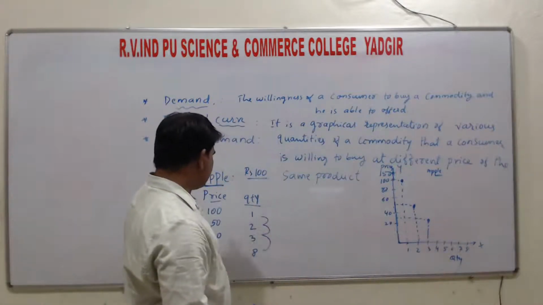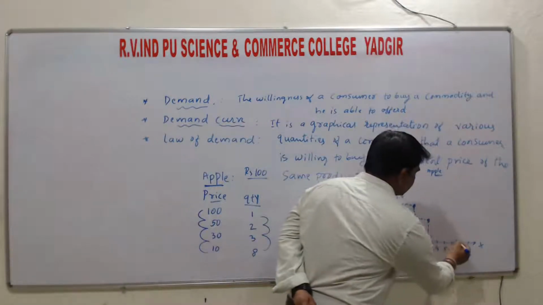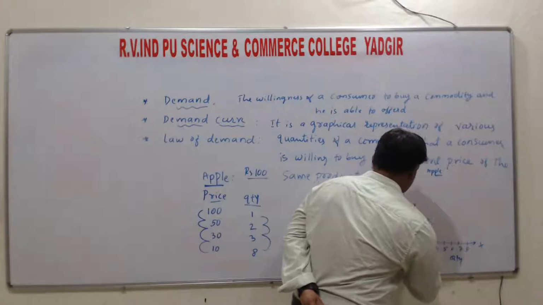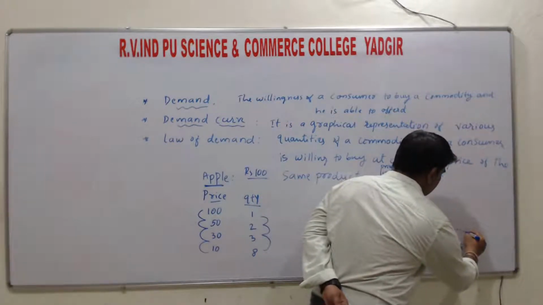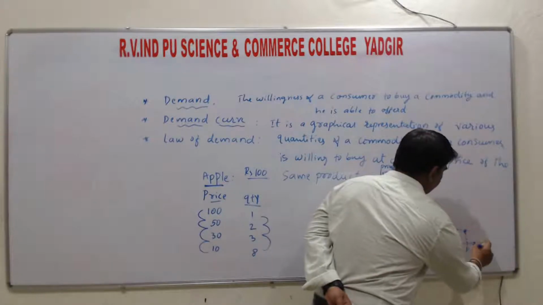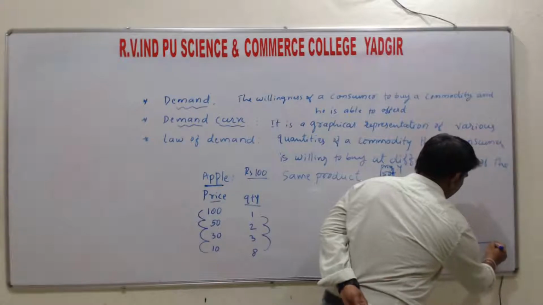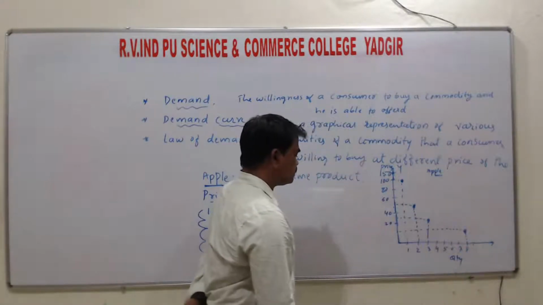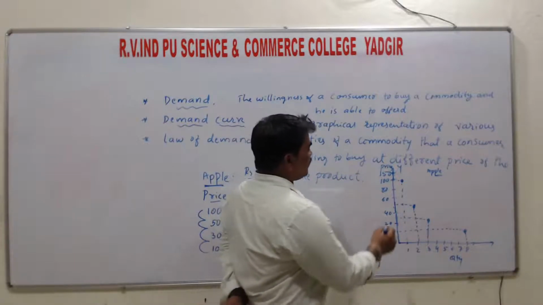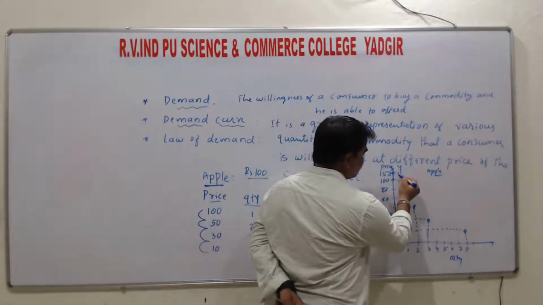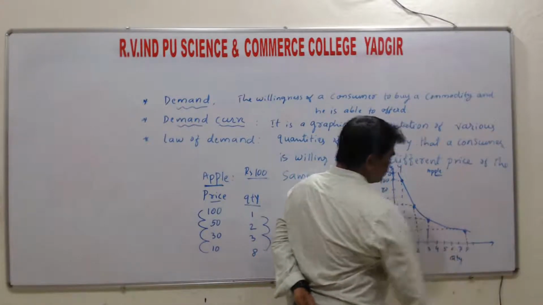And if the price is 10, I can afford 8 to 10 apples. So if you join these points, the demand curve looks like this.